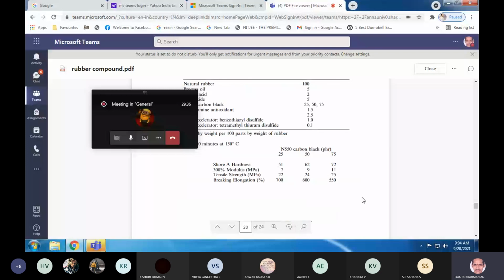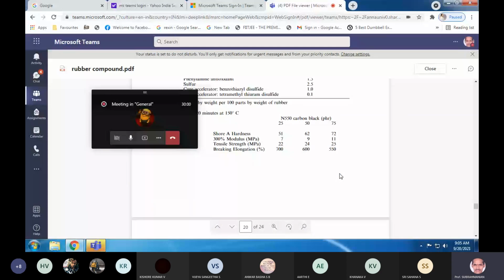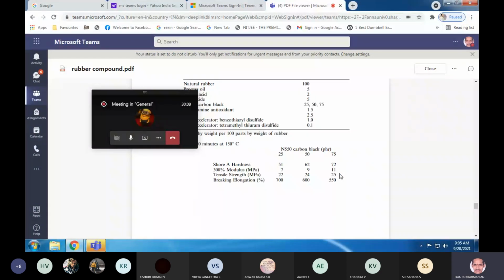In NR, we don't lose the elongation: at 75 hardness it is 550, whereas for the chloroprene it is about 300 or 350. So what does it mean? NR can accept a higher filler, offer the higher hardness, and at the same time maintain a good elongation.